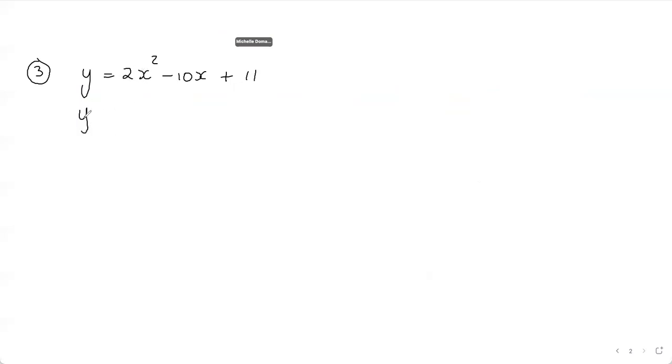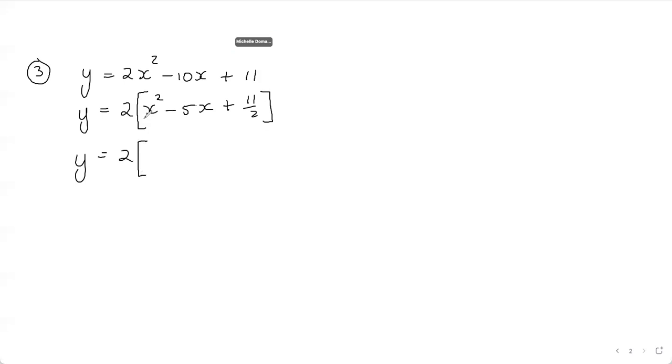So I'm going to factorize a 2 out of the whole equation to start with. That'll leave me with x squared minus 5x plus 11 on 2. Now, what we do is just the same process as we did in the last example, but just on this bit here, and the 2 is just going to sit there throughout the whole process.